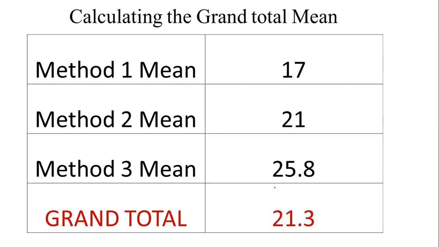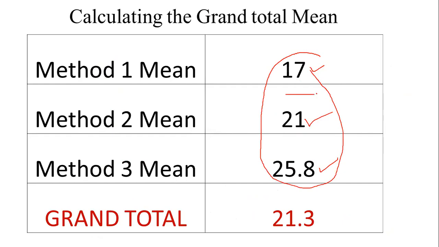But before we go there, I found that the mean of group 1 is 17, the mean of group 2 is 21, and the mean of group 3 is 25.8. Now you get all these means, add them together, and divide by the number of groups.